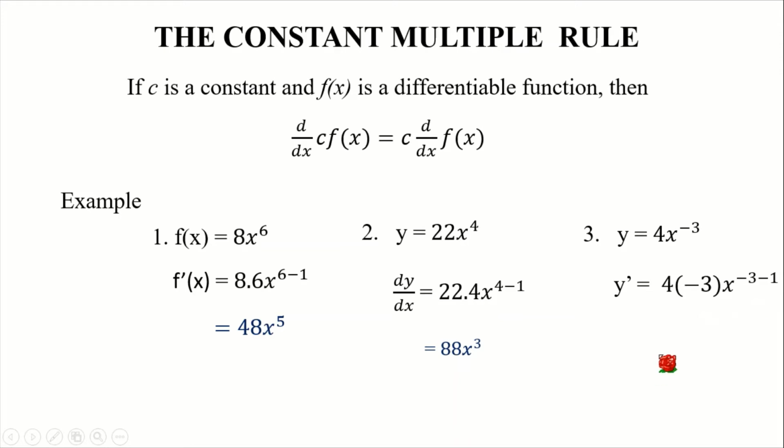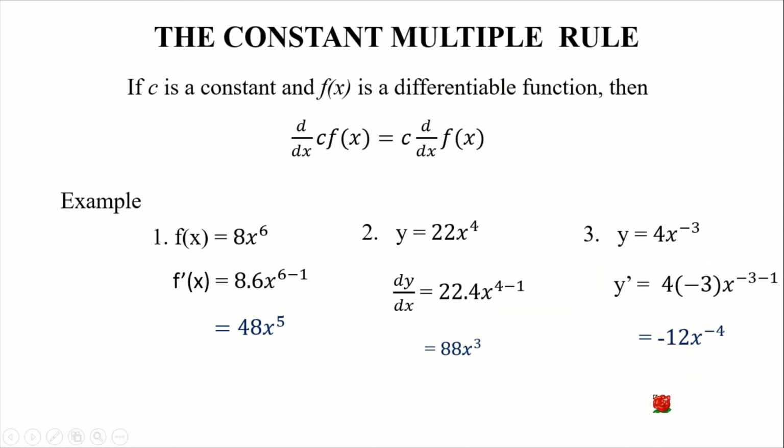Okay, so 4 times negative 3, that is negative 12. And negative 3 minus 1 is negative 4. Alright? So, yung derivative natin, 4x raised to negative 3 is equal to negative 12x raised to the negative 4. Bakit naging negative 4? So, apply nyo yung subtraction of integers.